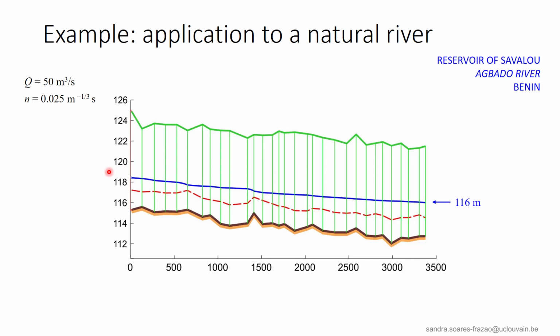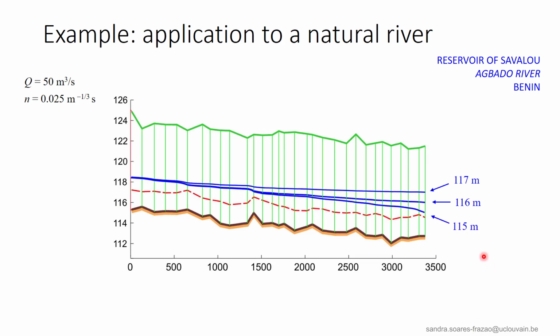A first observation is that the water profile is much smoother than the bed profile. If we increase the downstream water level to 117 meters, we obtain this new water profile, and we see that it progressively converges to the first one in the upstream direction.